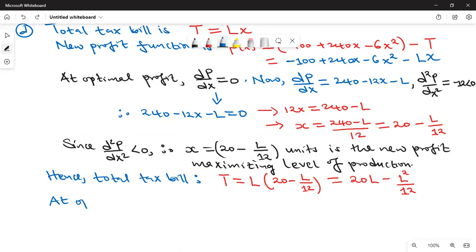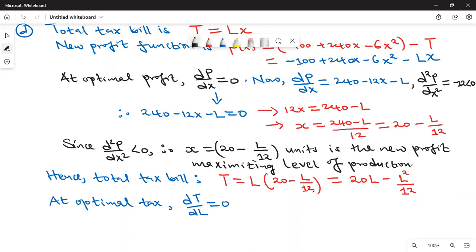So at optimal tax, we know that dT/dL must be equal to 0.